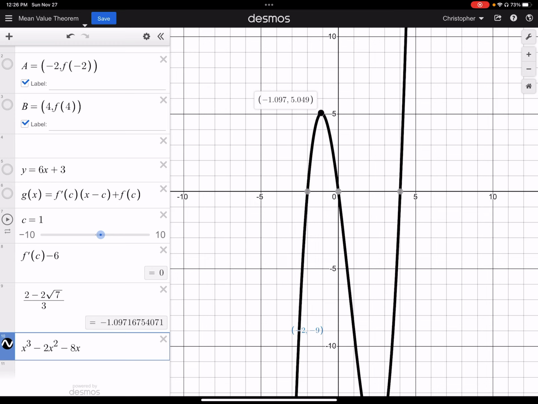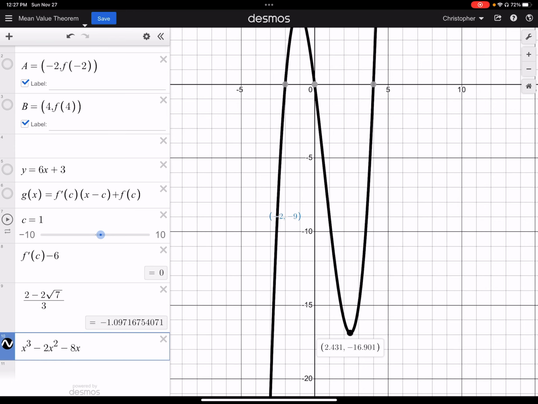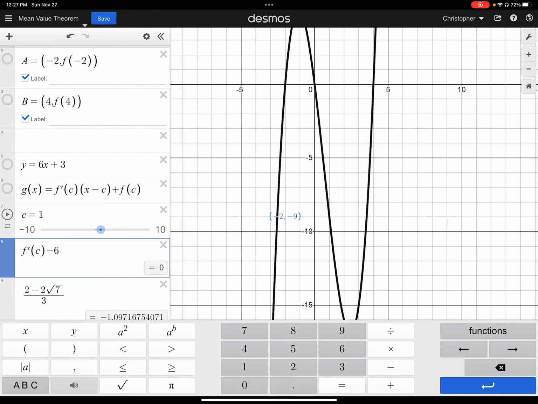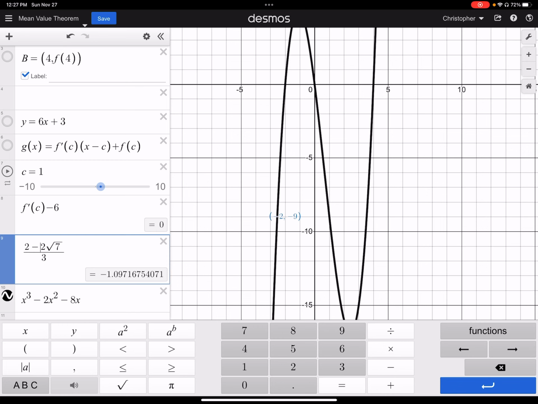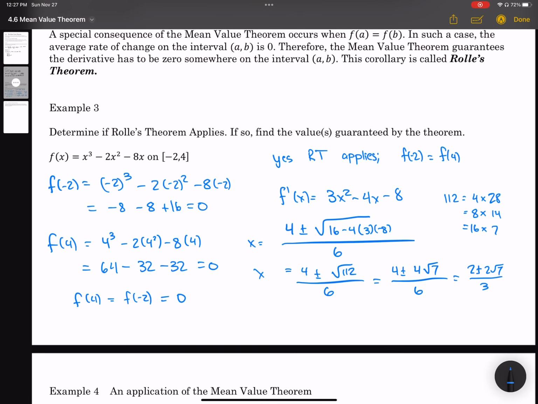And look at the value that we have in box 9. It's the -1.097, it's just the absolute maximum. And then if we change that back to a plus here, we're going to get the other value, 2.431, if we round to 3 decimal places. So we can see Rolle's theorem applies.